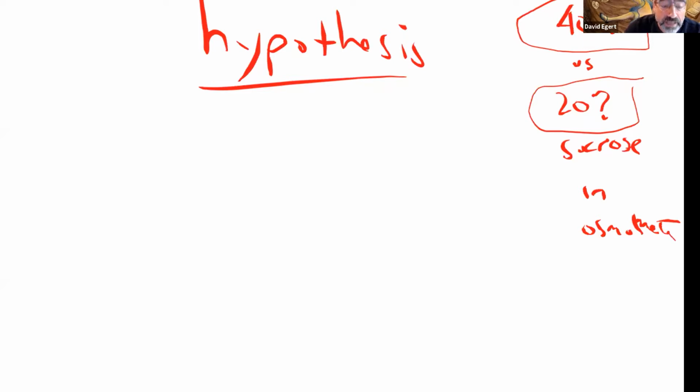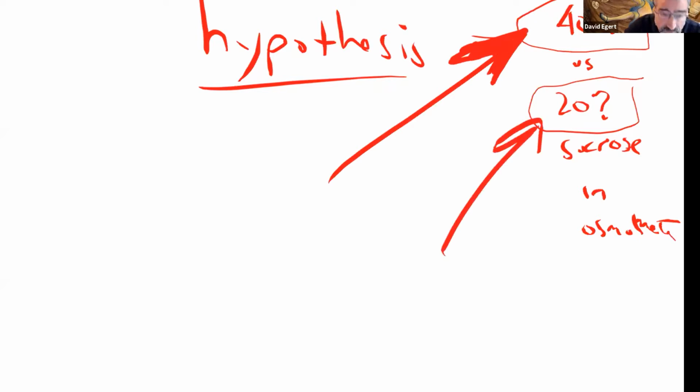So she's saying that the higher concentration in the osmometer is going to result in a higher rate of osmosis compared to the lower concentration in the osmometer. And then why is that going to be?